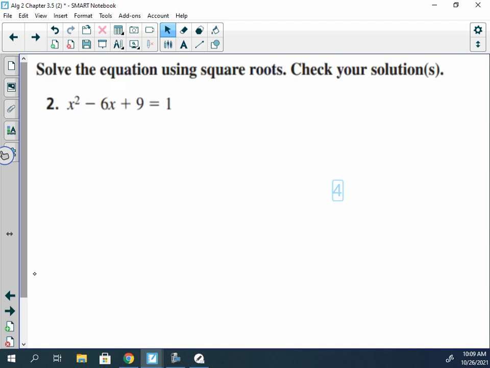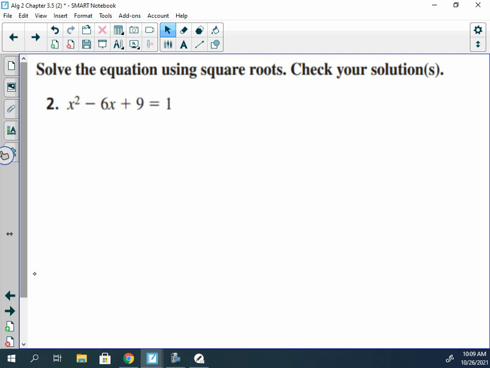I want to move on from this one here for one main reason. What do we notice, or what do we think is going to happen with x squared minus 6x plus 9? Well, that's a perfect square trinomial. And it's not because there's a 1 on the other side.